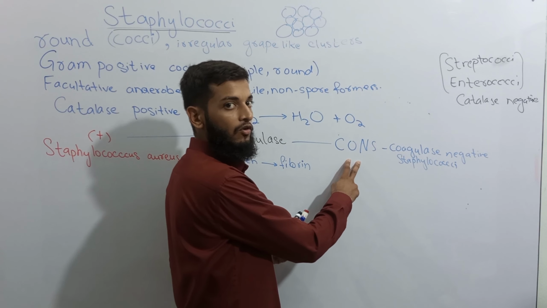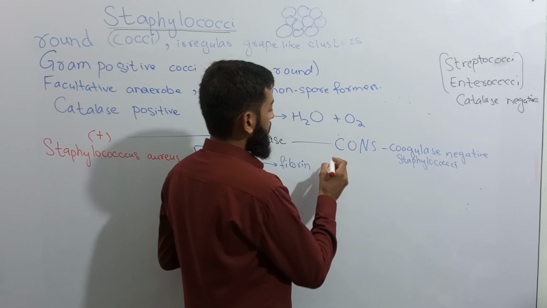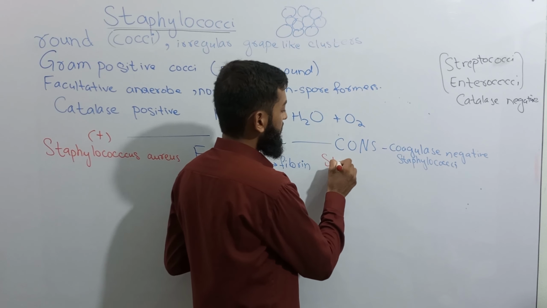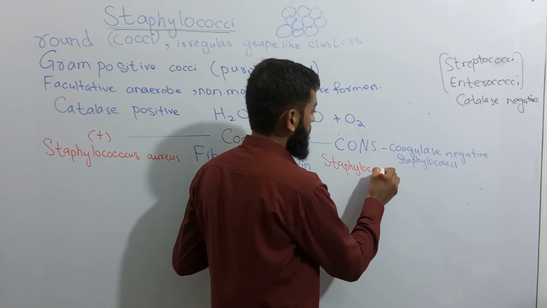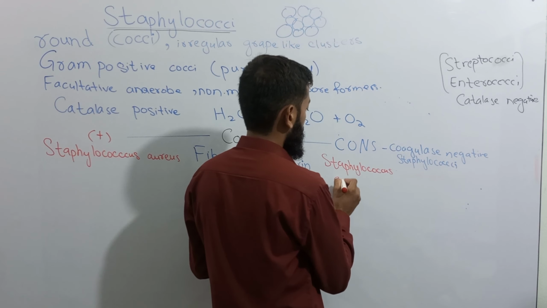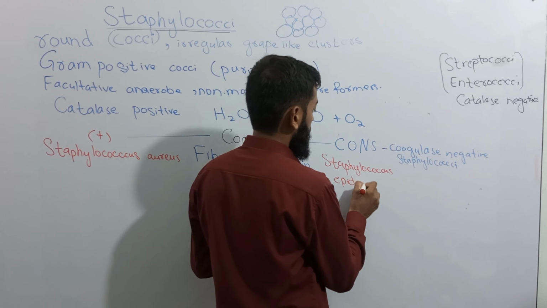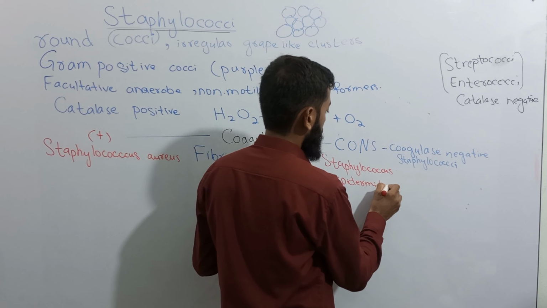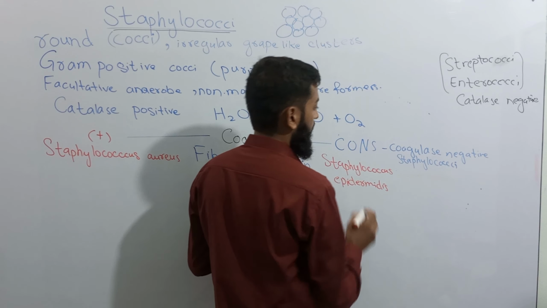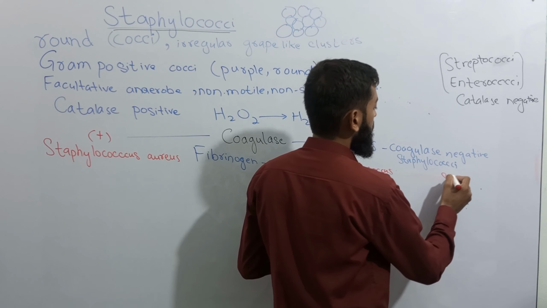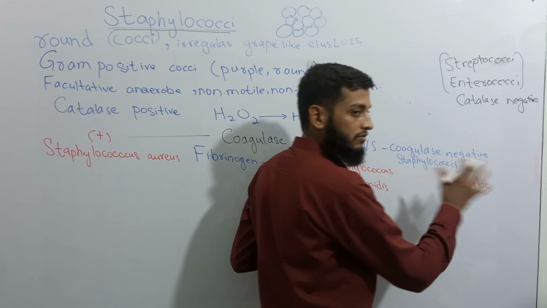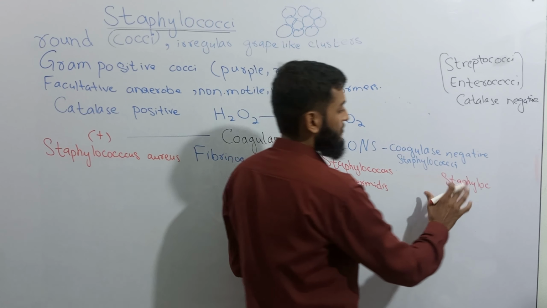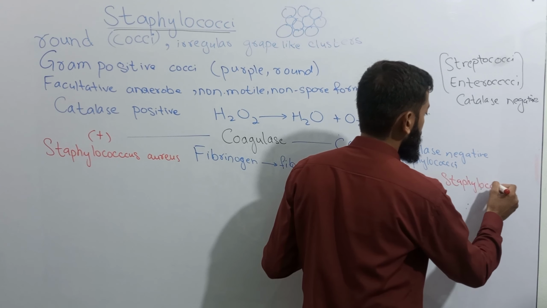Coagulase negative staphylococci include Staphylococcus epidermidis and Staphylococcus saprophyticus. Due to space shortage, I am writing like this, but they are written in straight form.